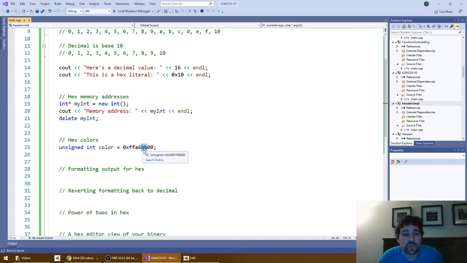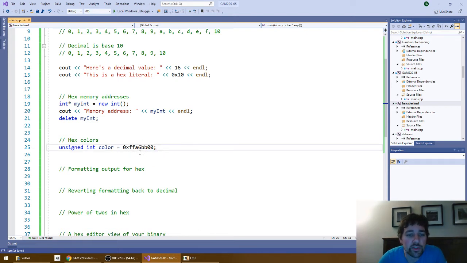Anyway, these two digits can represent the blue channel, and maybe these last ones can represent alpha, and alpha is a measure of opacity, whether it's transparent or not. So low values are transparent, high values are opaque.